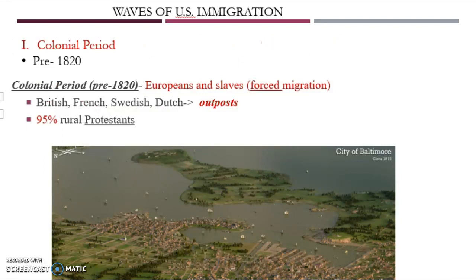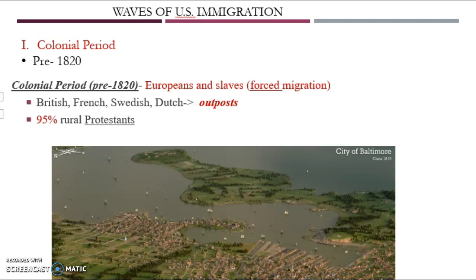The first period is known as the colonial period, and the graphic on this slide shows you Baltimore City in 1815. Baltimore City would have been one of many cities on the east coast of the United States that welcomed immigrants into the country. And when we see who is arriving at this time, we had a primarily Protestant group coming in willingly.